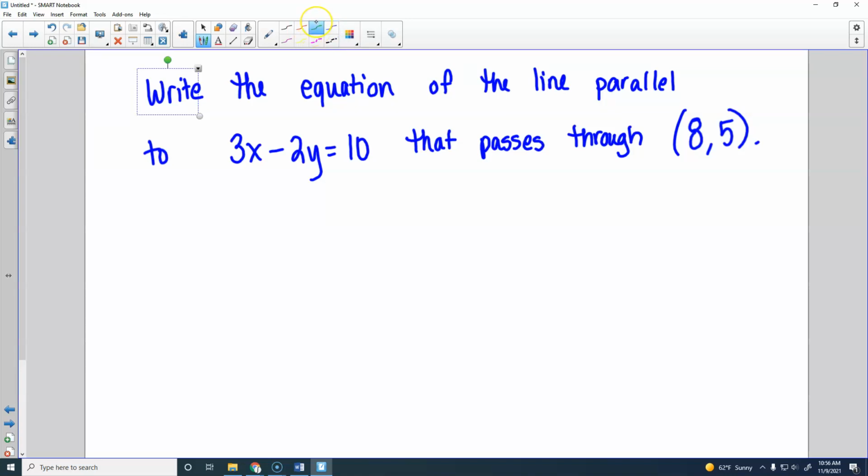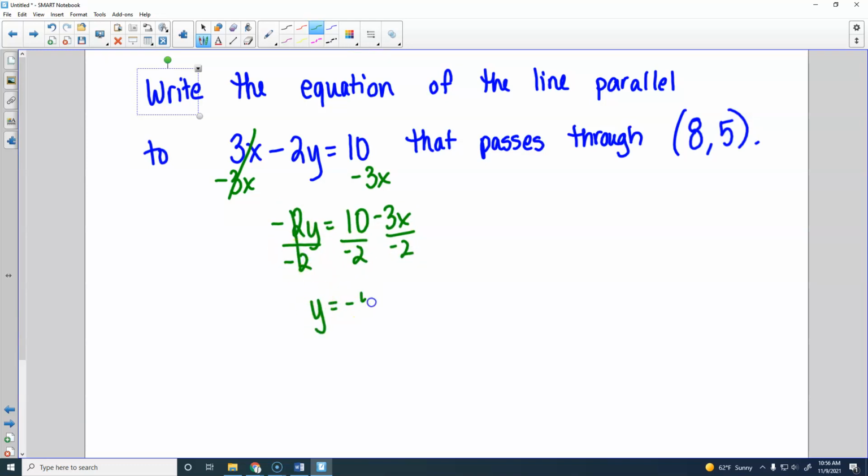All right, so subtract your 3x. So negative 2y equals 10 minus 3x. Divide by negative 2. Y equals negative 5 plus 3 halves x. So slope of this is 3 halves. It's parallel, so we use that same slope.